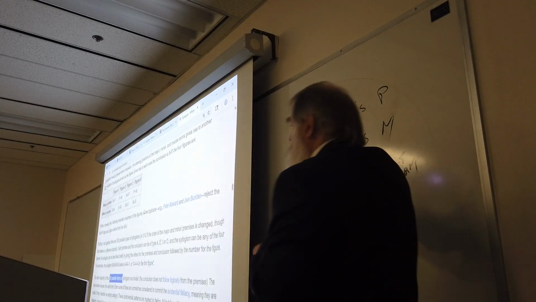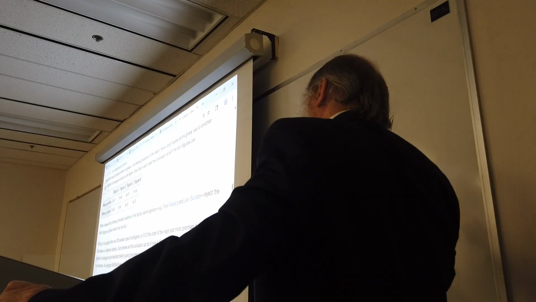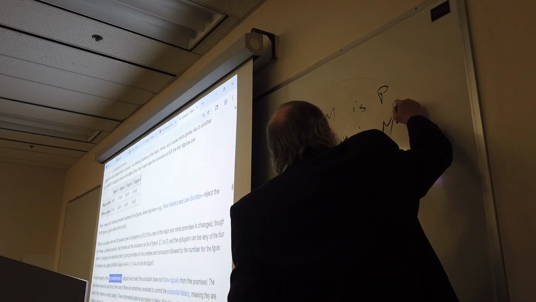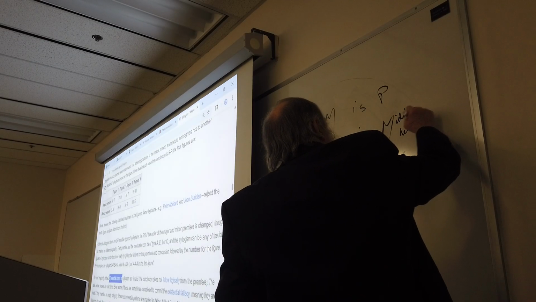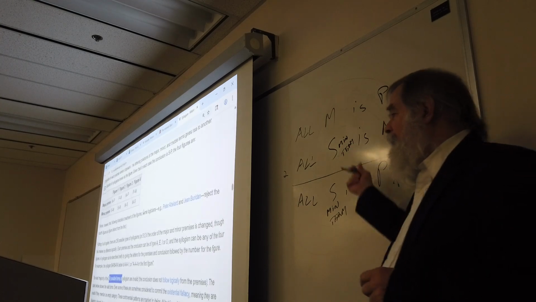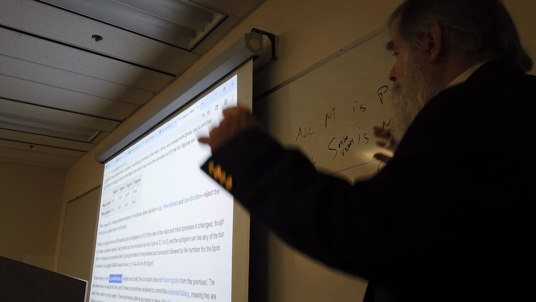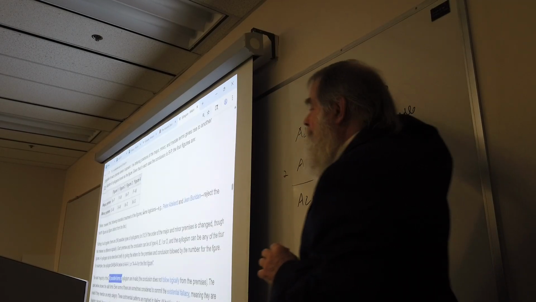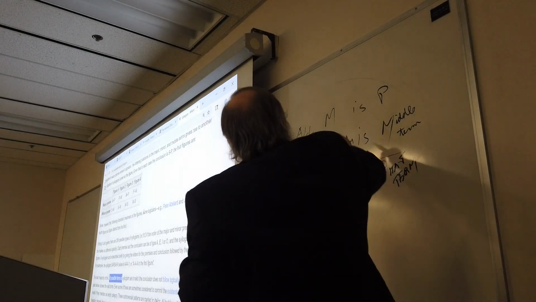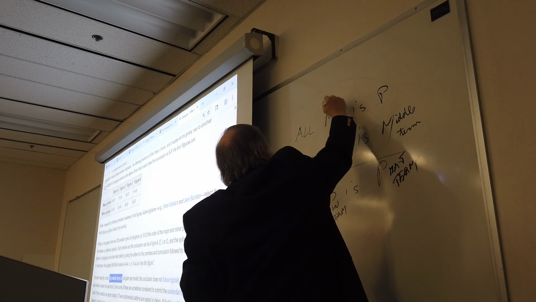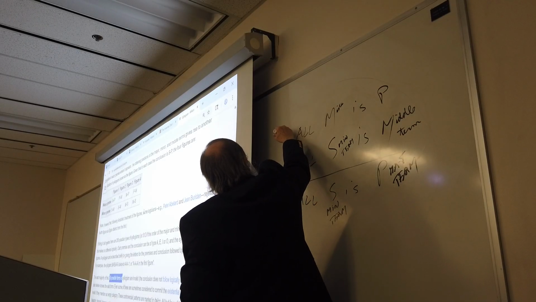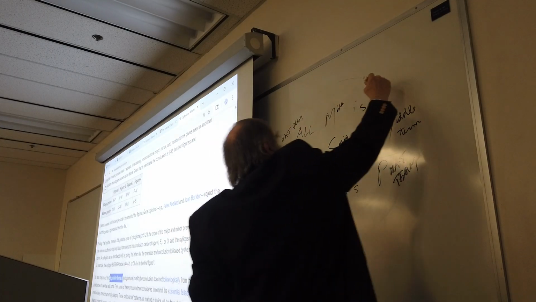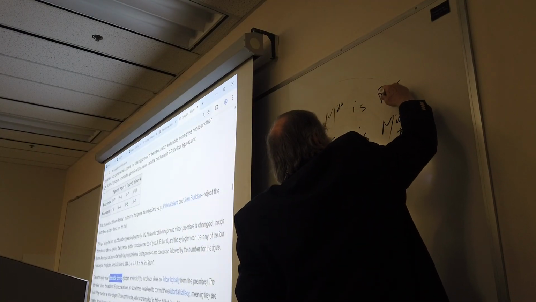So the second statement is the minor premise because it has the minor term. And the other one is the middle term. It's called the middle term because it doesn't end up in the conclusion. It's instead in between, in the middle, between the subject and the predicate of the conclusion in the argument. So we use the middle term here and the major term. So this is the major premise, and this is the major term.